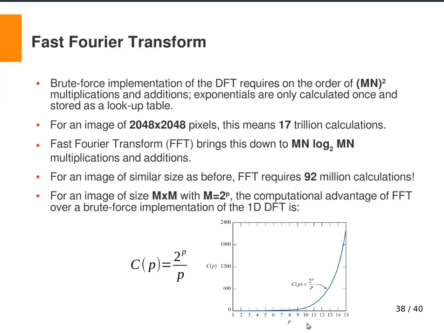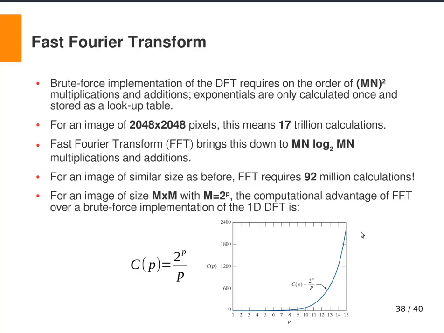As you can see, as we have an increased number of rows and columns, this computational advantage becomes more and more significant. For example, if we are working with images of size 2^15 by 2^15, doing it using fast Fourier transform means that we can do the calculations almost 2,000 times faster than a brute force implementation.